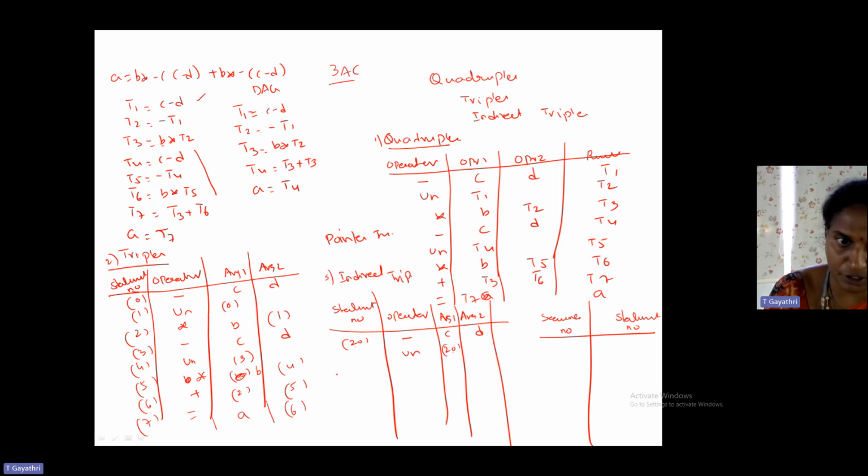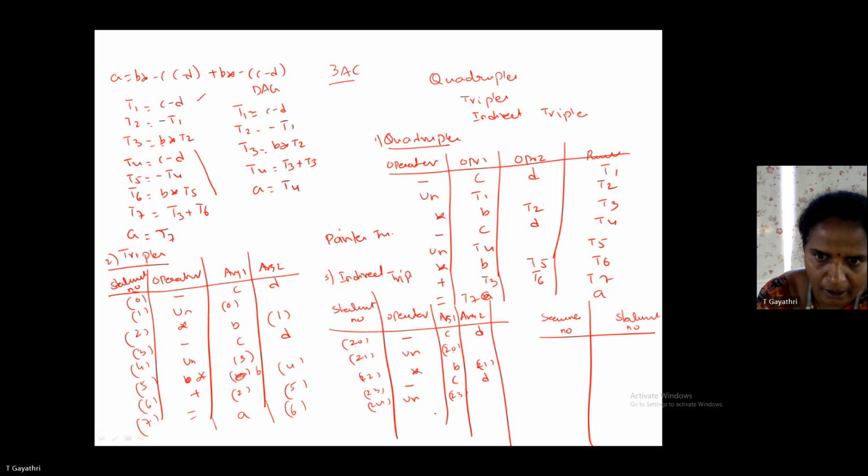0, right? Here we can represent it as 20. 21 statement. Next 22 statement means B is the 1, right? So 21. And next 23 minus C D. 24 statement and minus 23. Next to B T5, right? Multiplication B T5 means 24 statement.